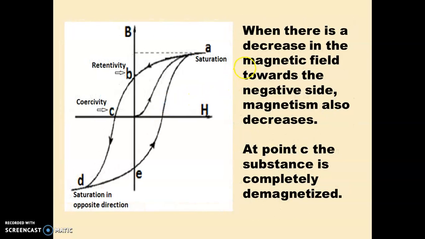When there is a decrease in the magnetic field towards the negative side, the magnetism also decreases. At the point C, the substance is completely demagnetized. Here, no magnetization is there.